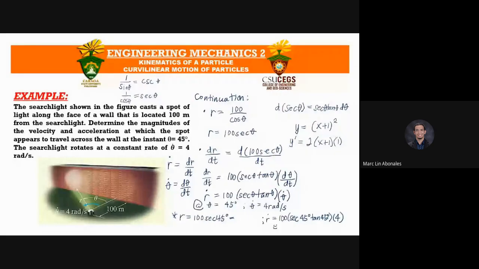So pila man natong r? How much is the value of r nato? So since wala may second sa calculator, over cosine ta na. So that would be 100 over cosine 45 degrees.